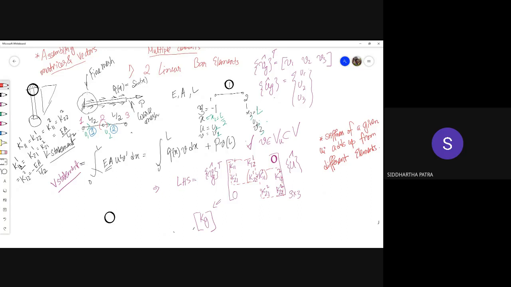Okay, so what you do is you start with a blank stiffness matrix, and you already know the size. The size is same as the length of V and length of U. So you start with a blank matrix, and you already know how to program this, right? If you start with a blank matrix, then for each term you keep on adding terms from different elements.